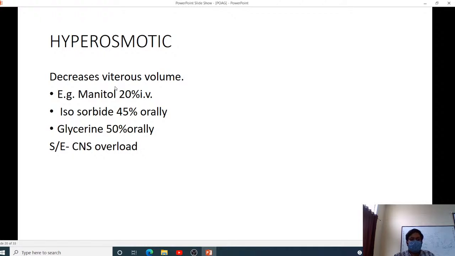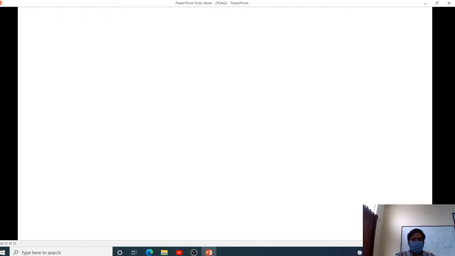It can also cause hypokalemia and other complications. Most commonly used is mannitol 20% IV. These drugs are usually not used in POAG unless the patient has very high initial presenting IOP and there is compromise of the cornea. If the patient has more than 40, 50, 60 millimeters of mercury, then we use them. These drugs are usually used for secondary glaucoma and for angle closure glaucoma.